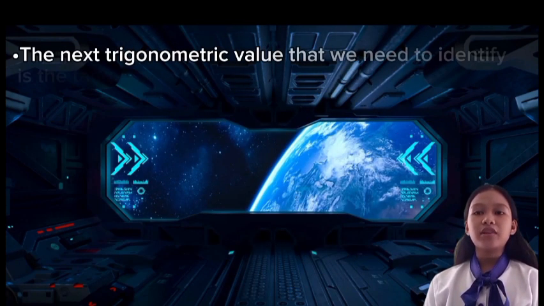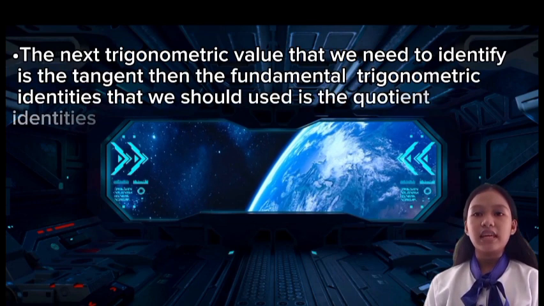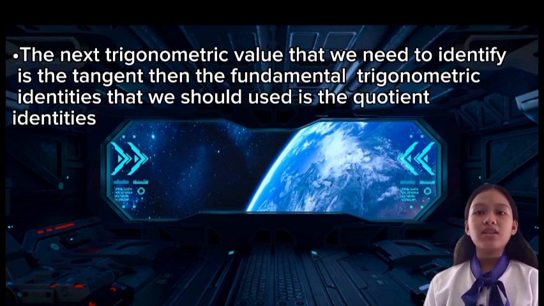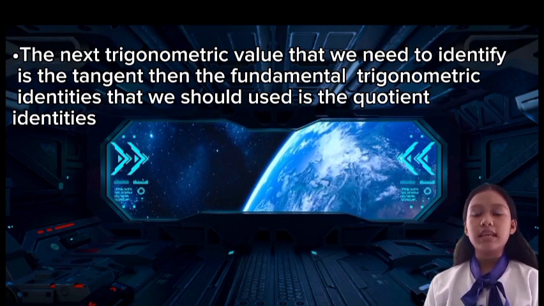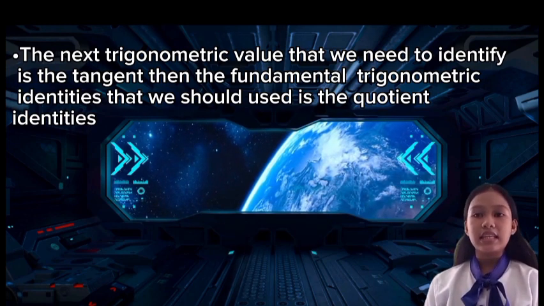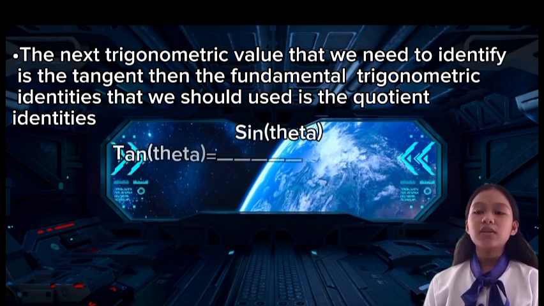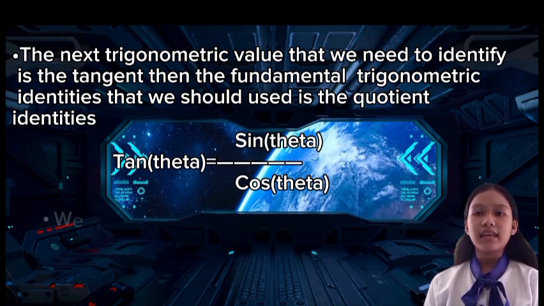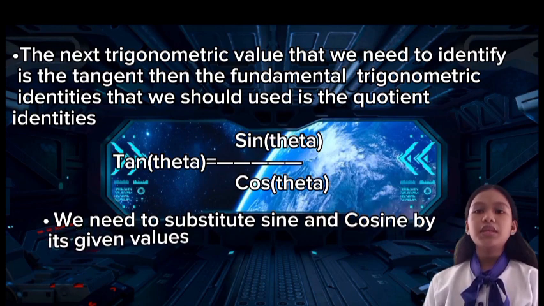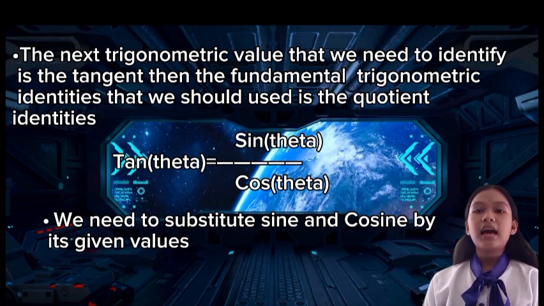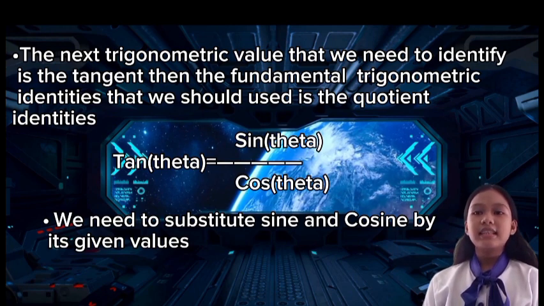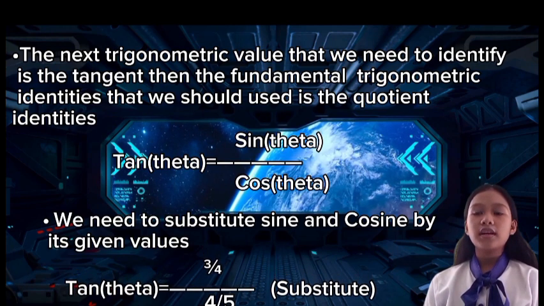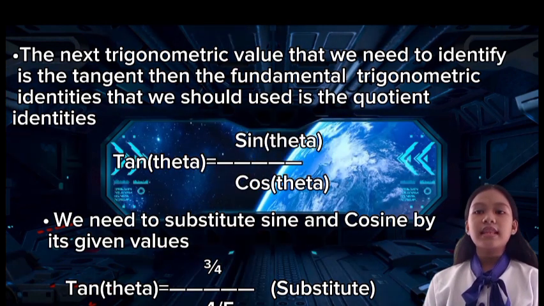The next trigonometric value that we need to identify is the tangent. Then the fundamental trigonometric identity that we should use is the quotient identities. Tangent theta is equal to sine theta over cosine theta. We need to substitute sine and cosine by their given values. So tangent theta is equal to 3 over 5 over negative 4 over 5.